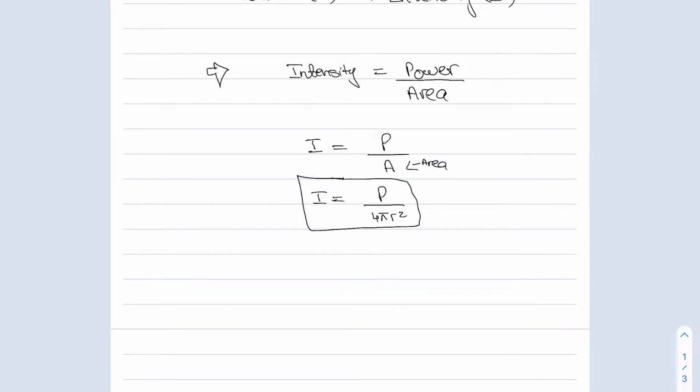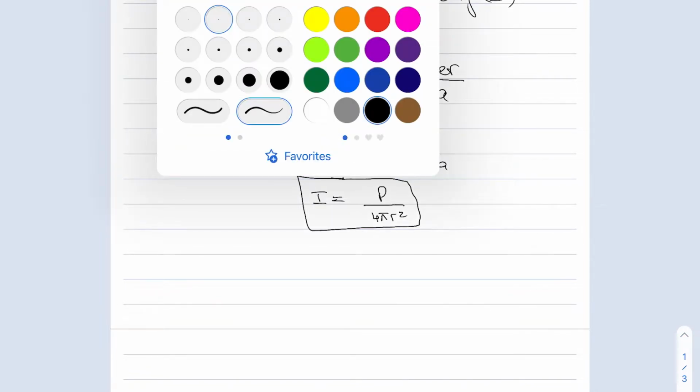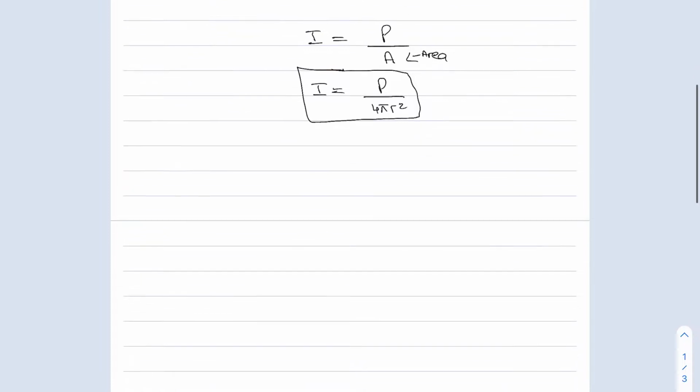Now let's move on to the stars. So I told you about power and intensity because they are very closely linked with what we're going to study now. So I'll write down a subheading, and the subheading is luminosity and radiant flux intensity.